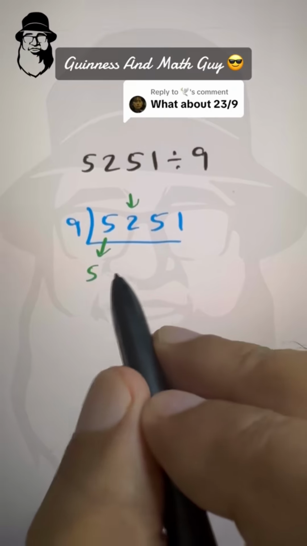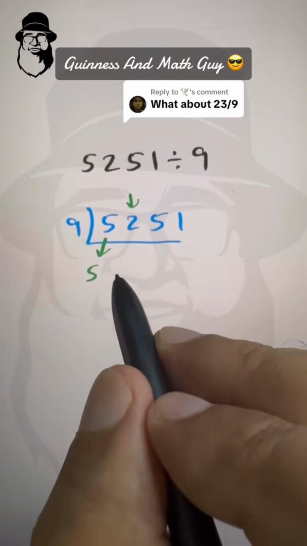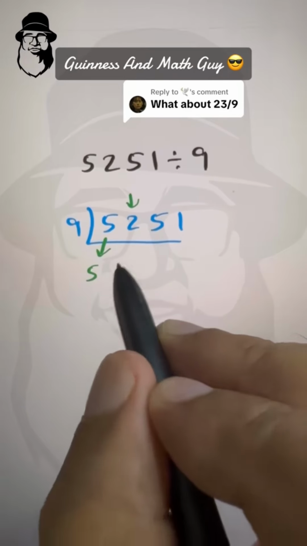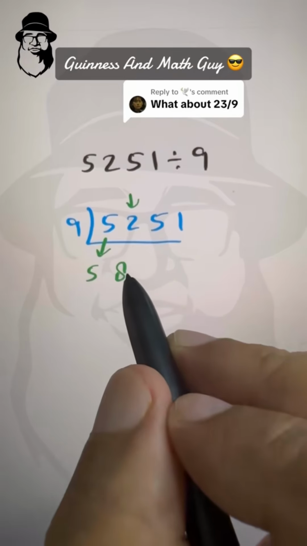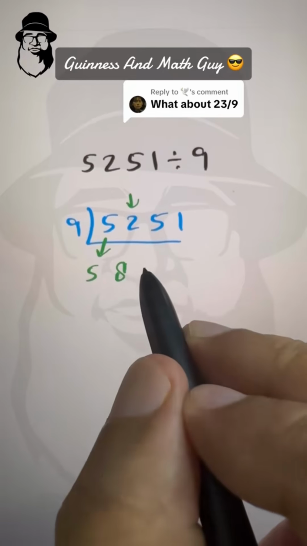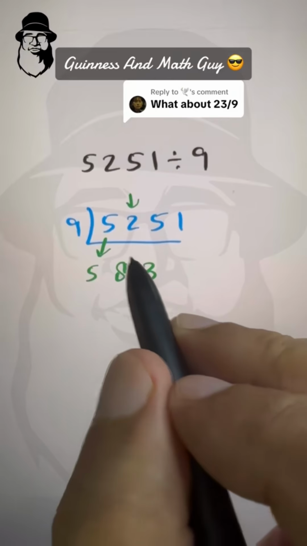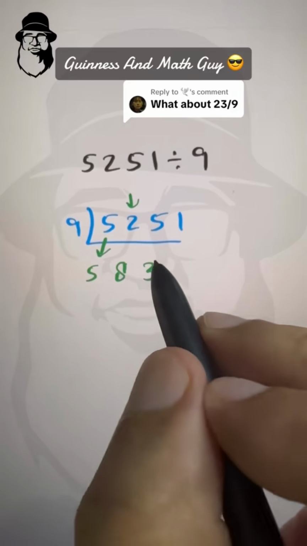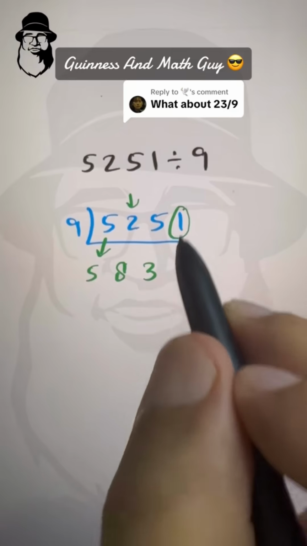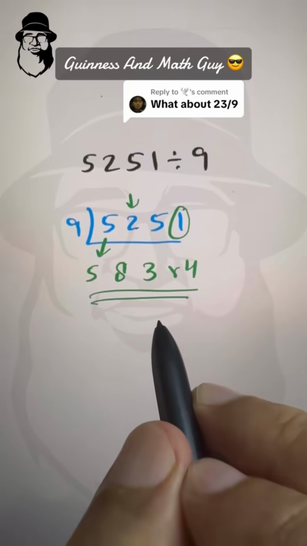But before writing 7 here, I know 7 plus the next 5 will give me a 2-digit number, 12. So instead of writing 7, I will write 8. Right? Now 8 plus 5 is 13, and I will write only 3 because 1 of 13 has been taken care of already. And then in the last step, this 3 plus this 1 will give me 4 as the remainder, and that's our final answer.